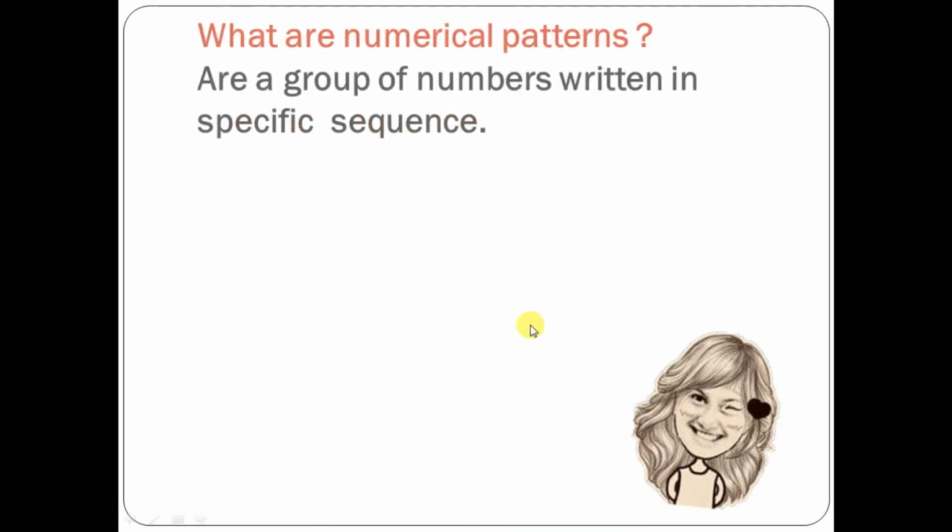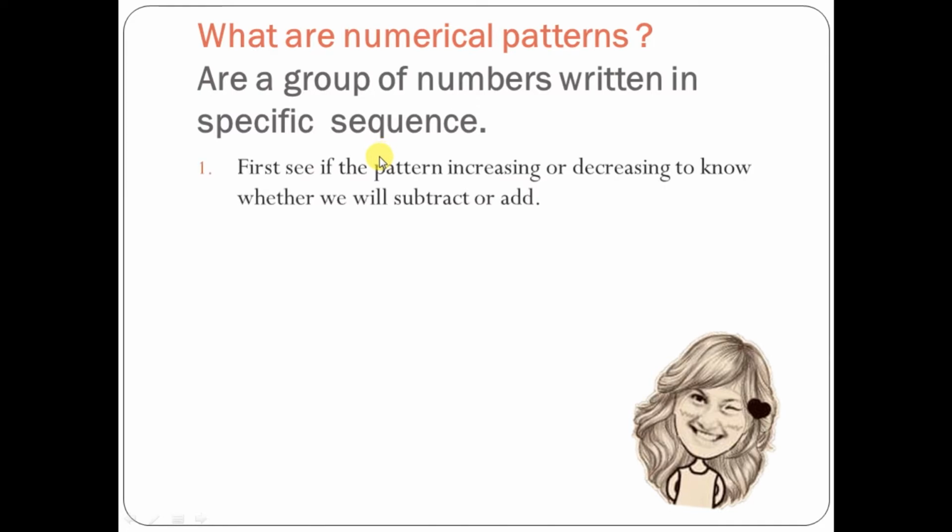Let's start. First, we have to know what numerical patterns are. They are a group of numbers written in a specific sequence. We have to know 3 steps to create a pattern. First, see if the pattern is increasing or decreasing to know whether we will subtract or add.